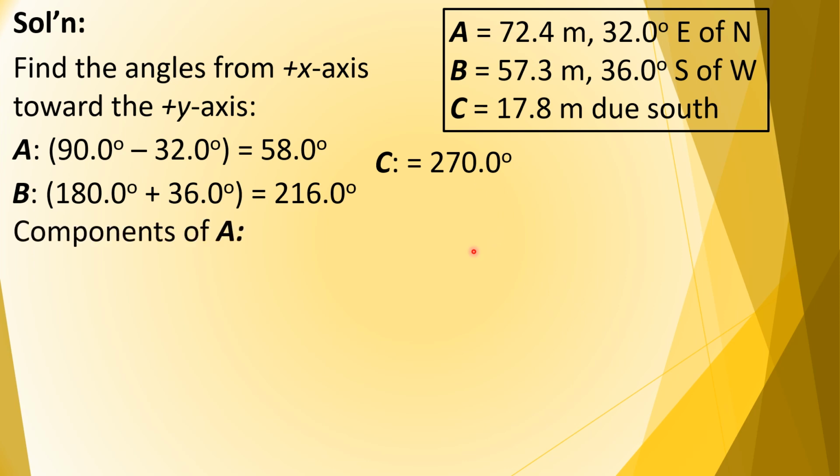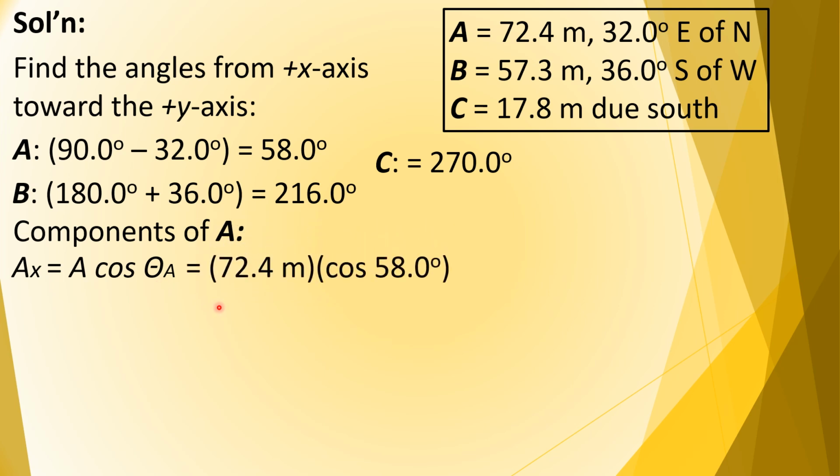We then calculate the components of vector A. Its x component, Ax, is equal to the magnitude of vector A multiplied by cosine of the angle theta A. That is 72.4 meters multiplied by the cosine of 58.0 degrees, and that is equal to 38.4 meters.